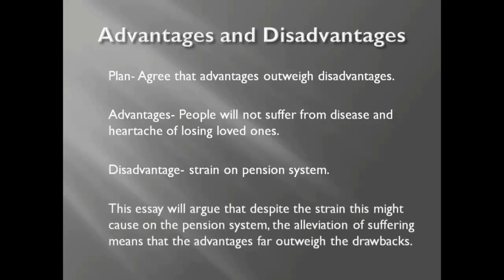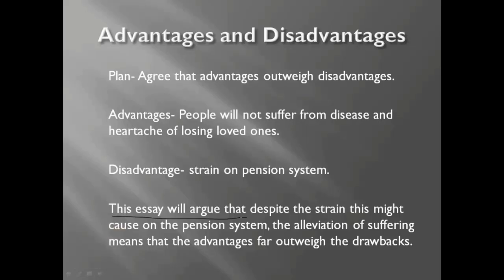So this essay will argue that despite the strain this might cause on the pension system, the alleviation of suffering means that the advantages far outweigh the drawbacks. Okay, so let's break this down. This essay will argue that. Okay, so we just start that off, and this tells the examiner I'm going to give my opinion.